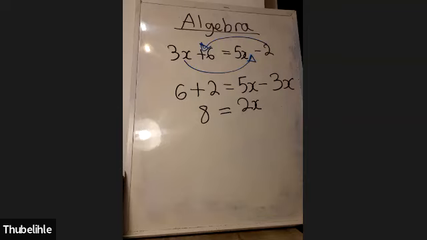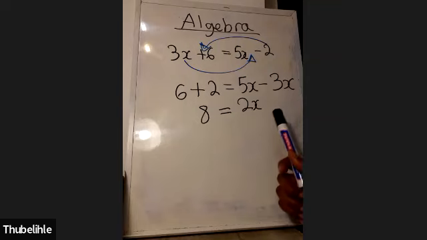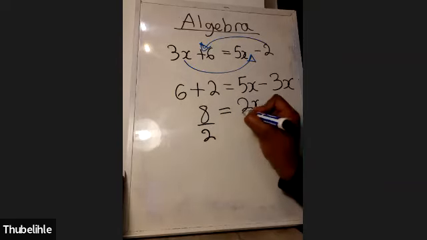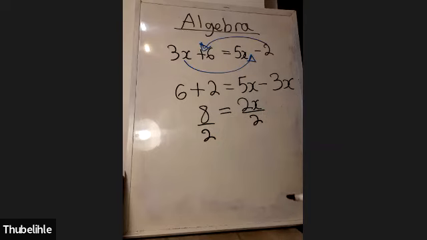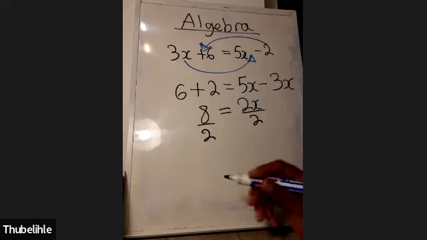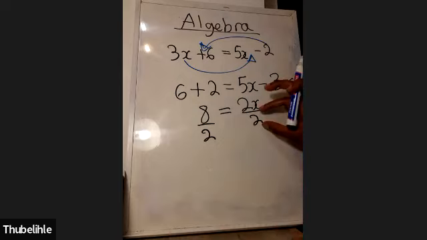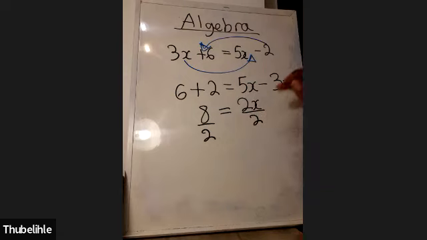Okay, so to solve this equation, we need to find the value of x. And to do that, we usually just divide by the coefficient so that we're left with just x only. Basically, we're trying to remain with 1x. So if you divide by whatever number is the coefficient, anything into itself is 1.